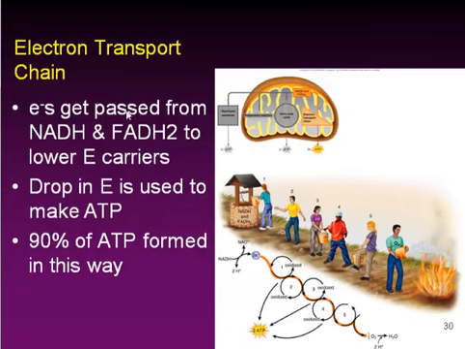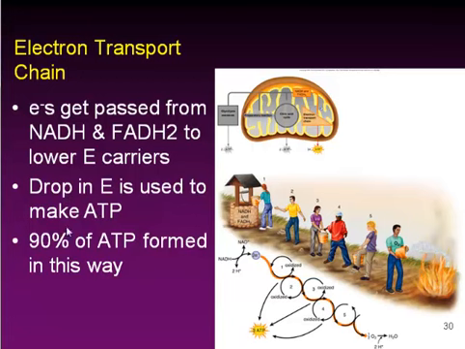So the electrons get passed from these high energy molecules to lower energy carriers in the membrane, and it drops in energy. The drop in energy is what is used to make the ATP. As you drop in energy state, you create ATP.